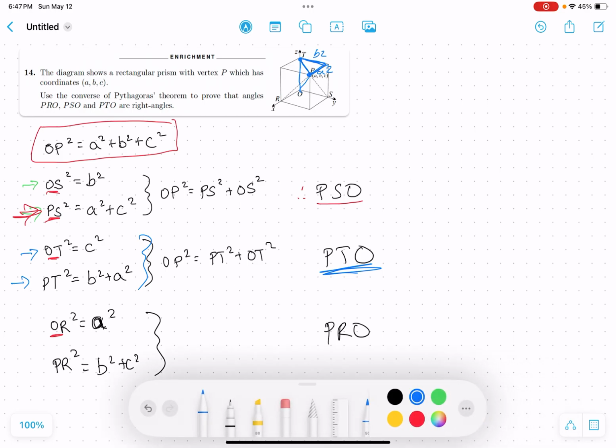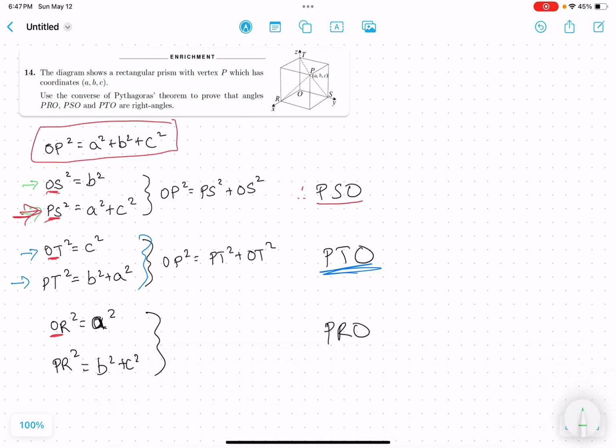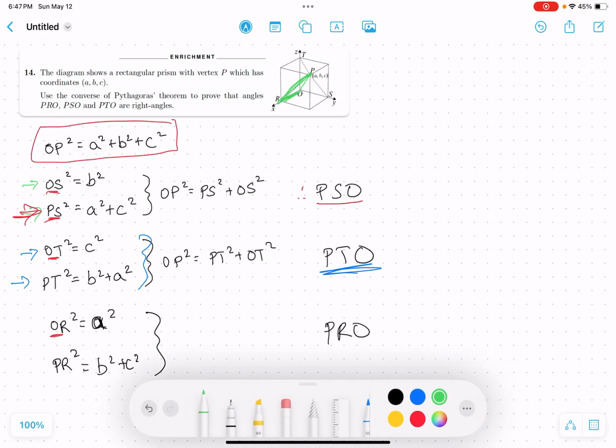Okay, and then the last one, the first one that I missed. So we've got PRO, there it is. We've already got OR just being the x, so OR squared is a squared. Now PR, P to R. I'll grab a different colour pen.